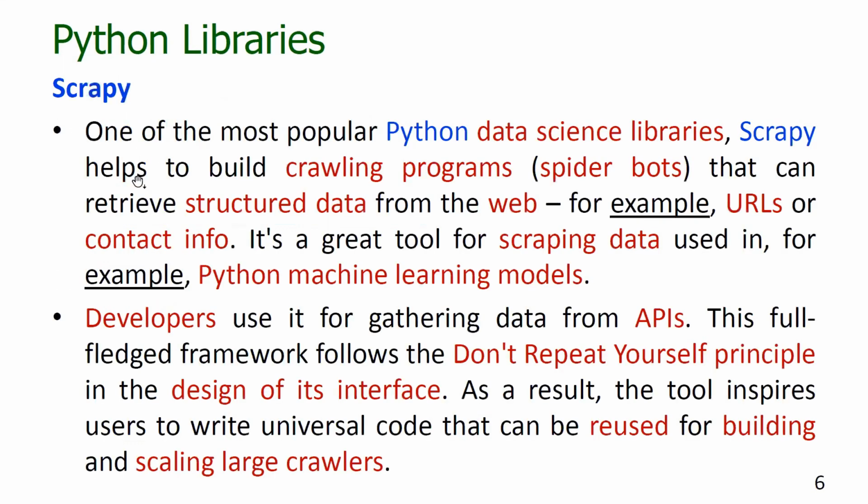Then coming to Scrapy, one of the most popular Python data science libraries, Scrapy helps to build crawling programs, meaning spider bots, that can retrieve structured data from the web, for example, URLs or contact information. It is a great tool for scraping data used in, for example, Python machine learning models.